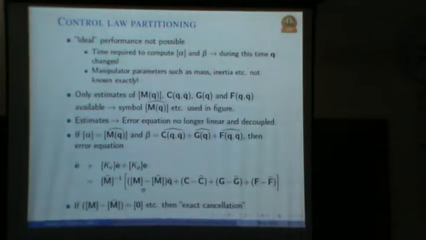So if you know some estimate of the mass matrix, some estimate of the Coriolis term, some estimate of the gravity term, and if you still use it, what you can see is the right hand side is not 0. If it was exactly cancelling, the right hand side would be 0. But here, if they are small, the right hand side is a small number.